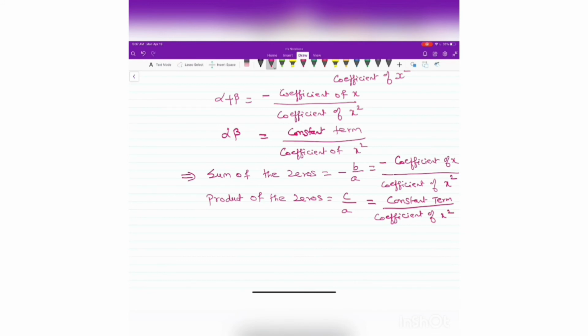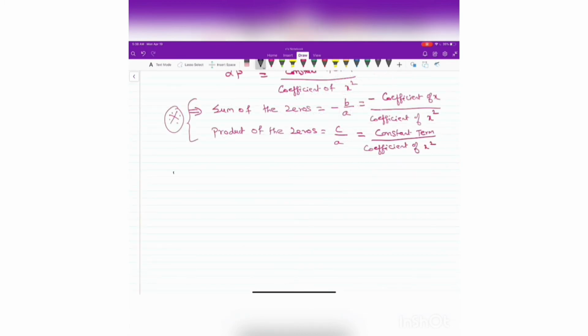So this is the relationship, very important relationship, between the zeros and the coefficients of the given quadratic polynomial. Note, it's very important note. We will be working out questions based on this.